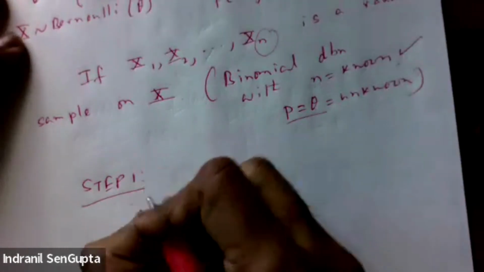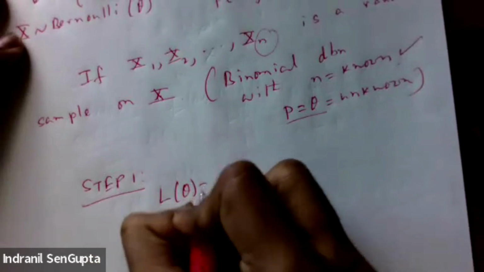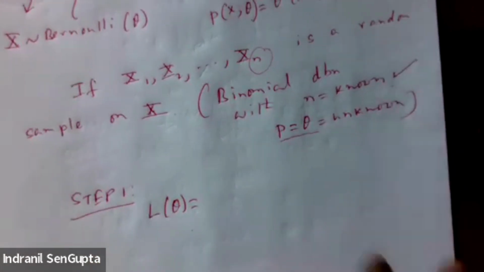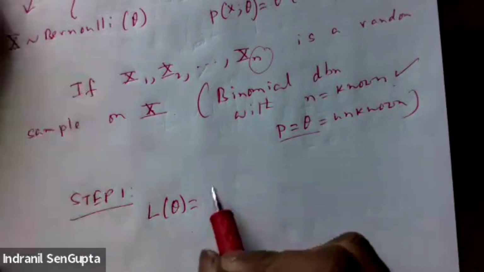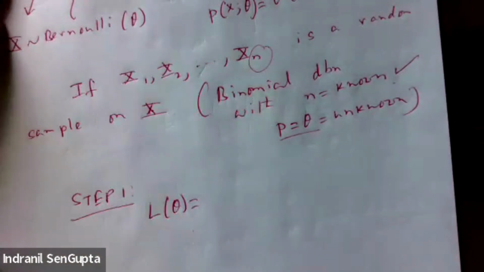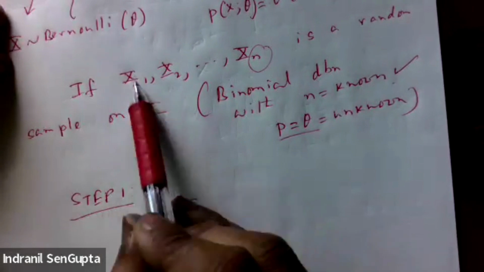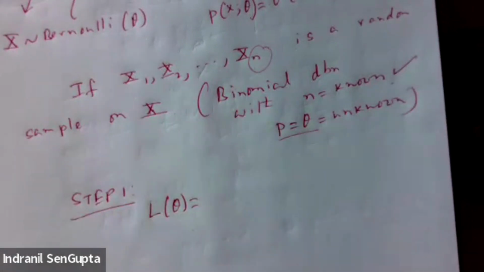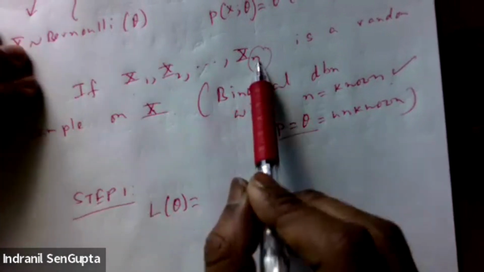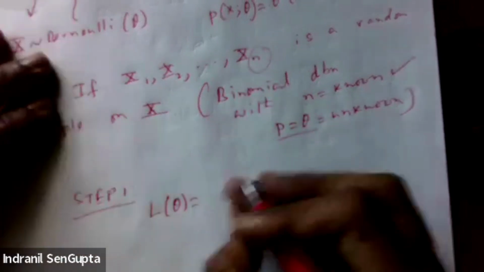So the likelihood function: I'm thinking of this as a trial of n Bernoulli distributions. Each trial is a Bernoulli, and collectively it'll be a binomial. I'm thinking that way.